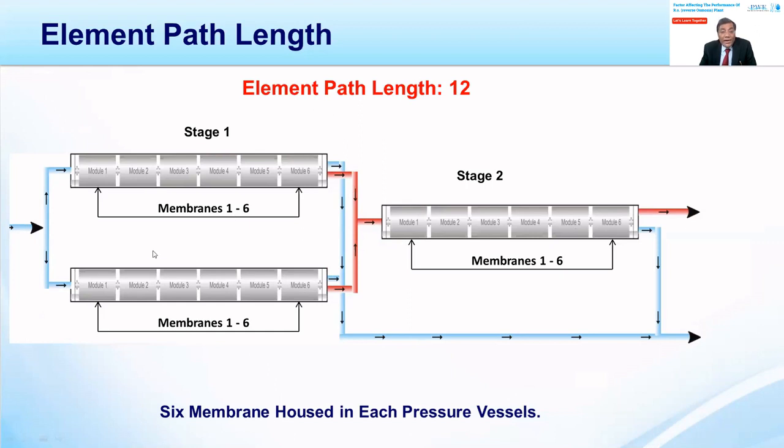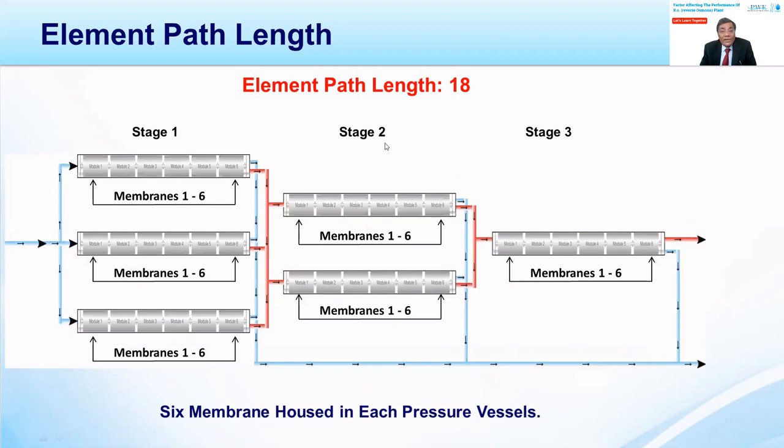Hope you will understand it, because in the first stage, water is flowing through the 6 modules of each pressure vessel, and its reject is passing through the second stage, which also has 6 membranes per pressure vessel. It means that water is passing through a total of 16 membranes, 12 membranes, sorry, and its path length will be 12. This is the 2-stage system.